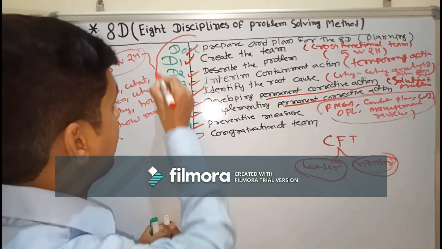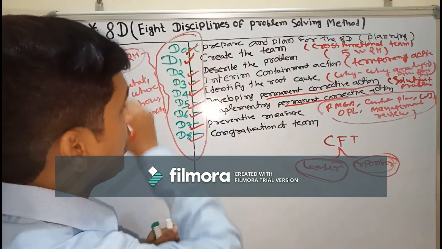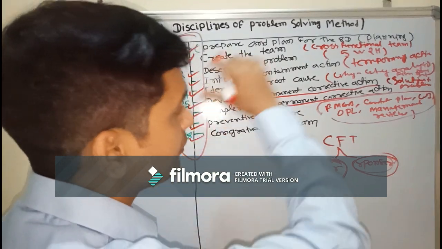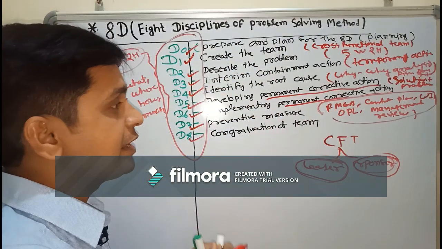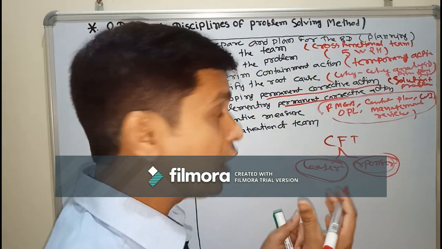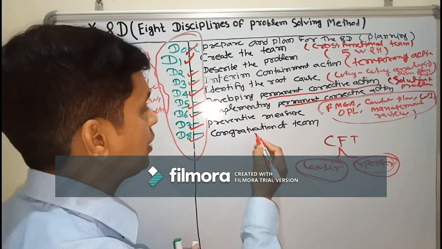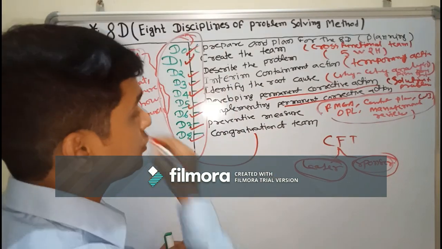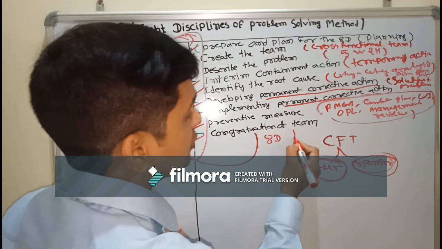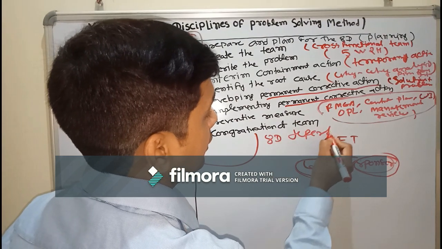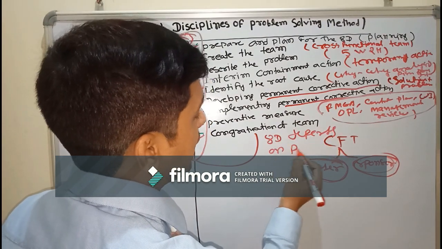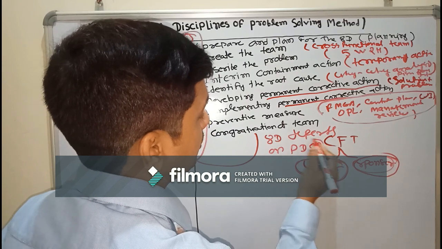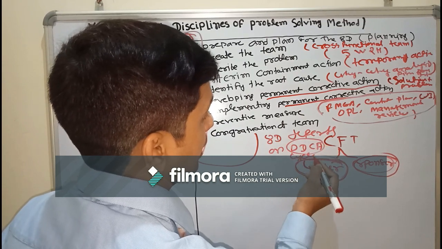If you have followed all of these things but finally you find a zero output, again you have to follow this rule, because AD depends on the PDCA cycle, plan do check act. That is very important.